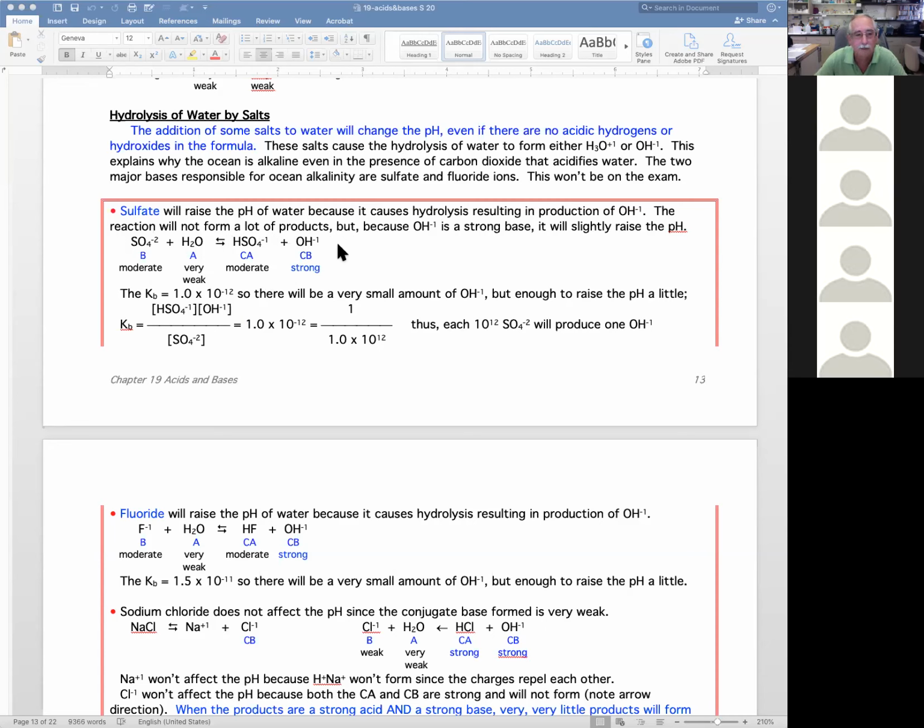It makes it alkaline. So here's the Kb. The Kb is a very, very small number. So that means every trillion sulfates will produce only one hydroxide. But as you'll see, sulfate is one of the major things that makes the ocean alkaline and not acidic.